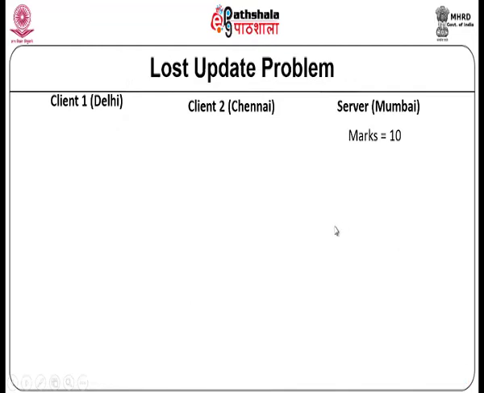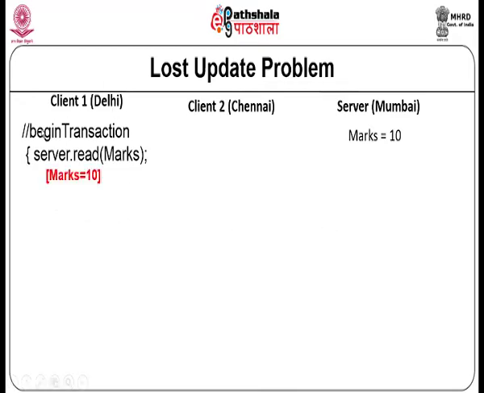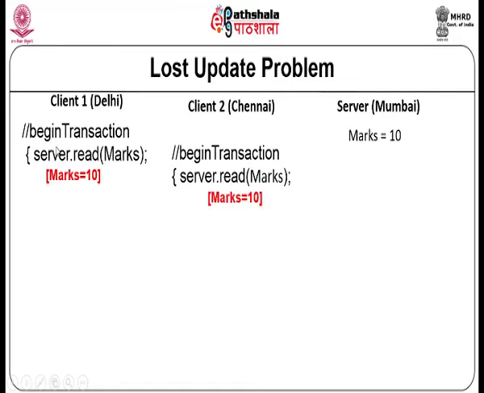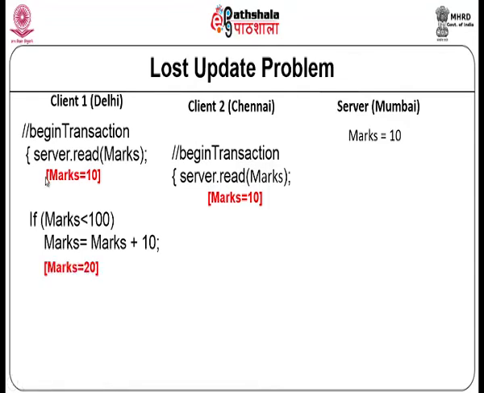Now, a lost update problem happens if they execute like this. Client 1 reads the data, so marks 10 has come, and then client 2 starts concurrently and reads the data; the value will be 10. Now, client 1 executes its calculations, its marks on its own machine becomes 20, and it writes back.